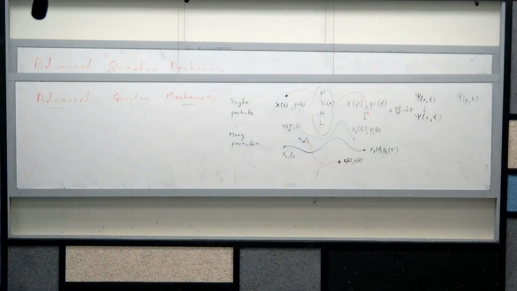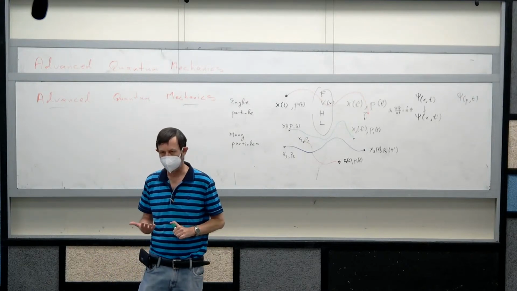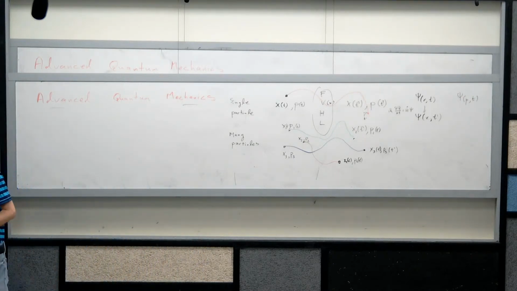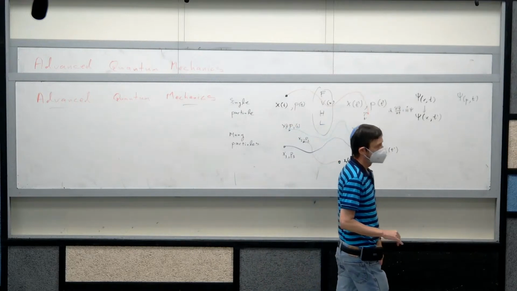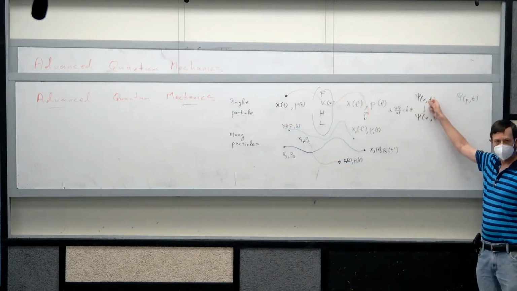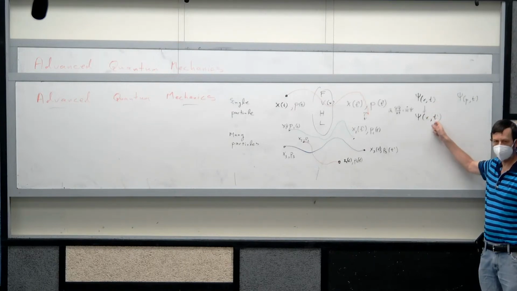So I'm going back to something I said in the beginning of the lecture. I told you that quantum mechanics is non-deterministic. Right? Well, let's hold a minute. You give me a wave function at time t. I get a wave function at time t prime. Is something non-deterministic here? Yes, because you don't know what the psi is.